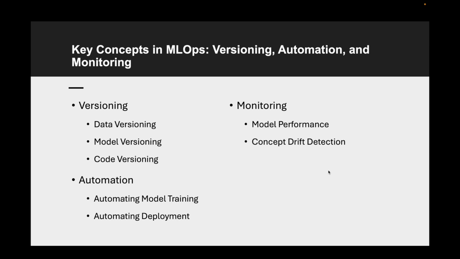We also look at concept drift detection, where you identify when a model's performance degrades due to changes in data patterns over time. Finally, logging, collecting logs related to model inference, system performance, and errors for debugging and auditing. These are the key concepts in MLOps.